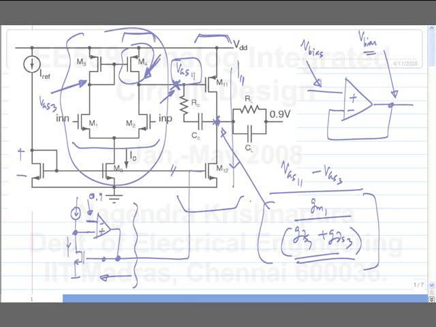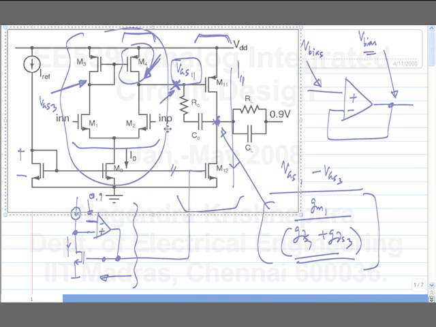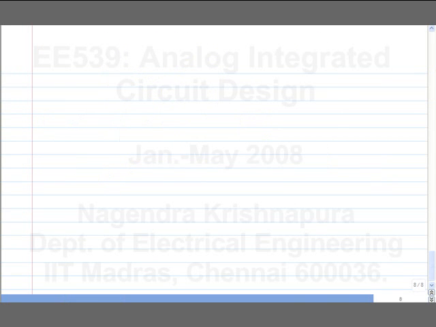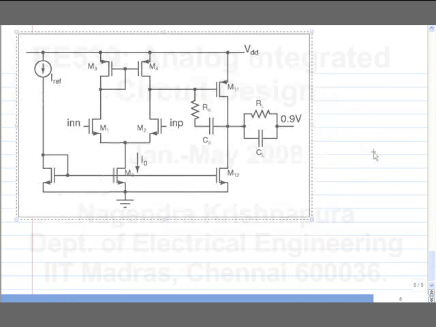Actually, I had wanted to discuss the slew rate of this, but I think we are out of time. Maybe we can discuss it very quickly and then leave. What is the slew rate of this amplifier? What limits the slew rate?